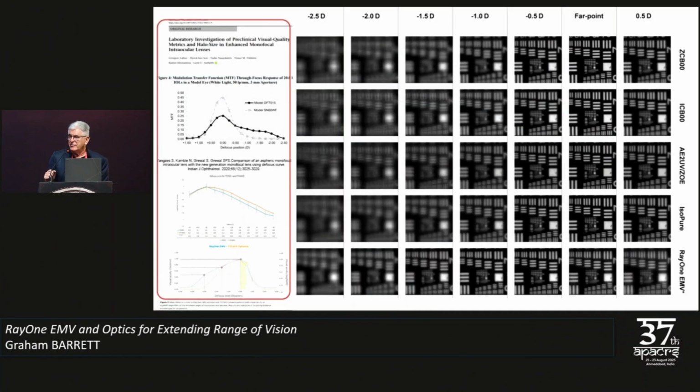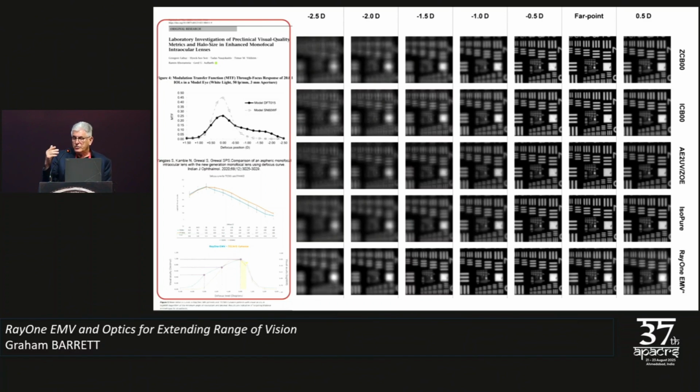Look at the MTF. You can see Vivity there, which has almost a 50% reduction in MTF. Some of the MTF is only distributed in one direction rather than the other. You can tell a lot about how a lens will perform clinically by looking at the MTF.